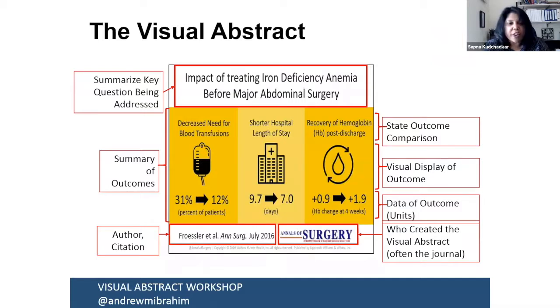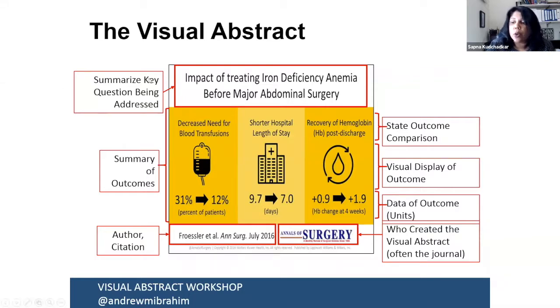They're very simple. It's a take-home message that you want your reader to have so that they will click on the link and read more about your paper. This is a great one about iron deficiency anemia before major abdominal surgery. Andrew Ibrahim does a great visual abstract workshop if you want to follow him, and he provides great resources on how to create a visual abstract.